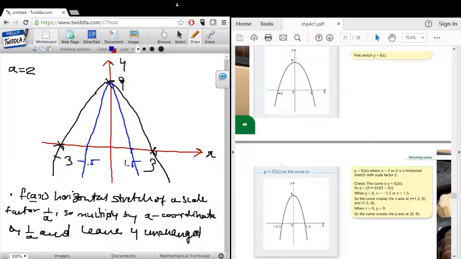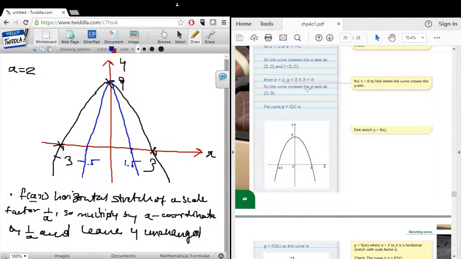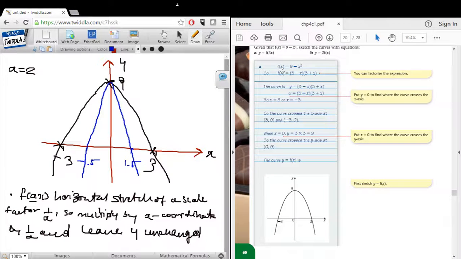Instead of putting f(x), they've put in their example here f(2x), so you can put the 2 here and a 2 here, and if it was, for example, y equals f(3x), then you could have 3 minus 3x, 3 plus 3x.